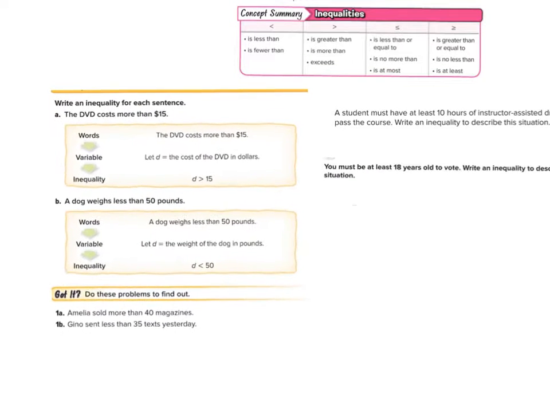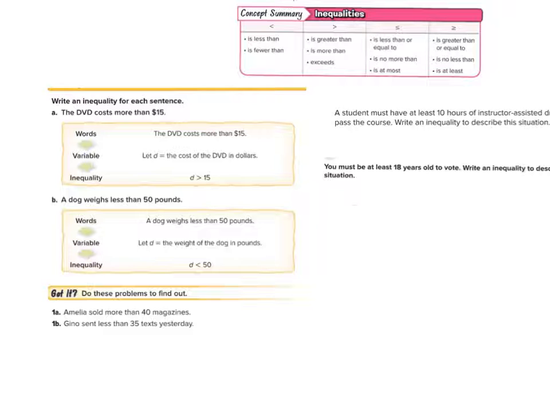So letter A. It says the DVD cost more than $15. So D represents our DVD, and the cost is greater than $15. Now, the reason that we have our inequality sign, or alligator mouth, as I like to call it, or Pac-Man symbol, the reason that is open towards the D, or the DVD, is because the DVD costs more than $15.